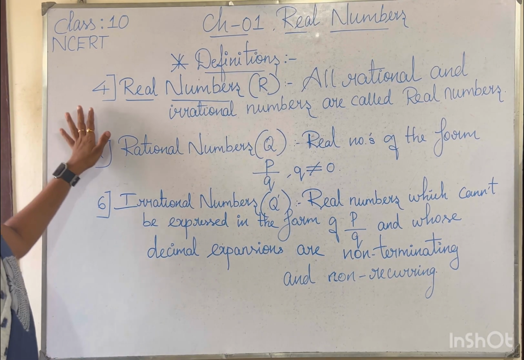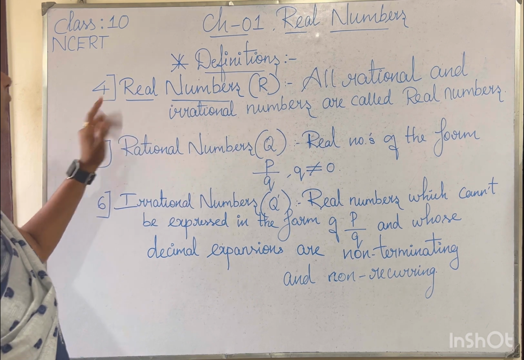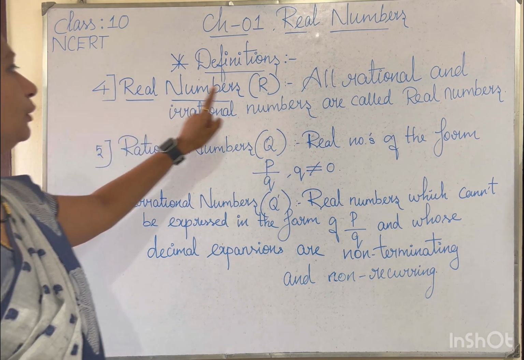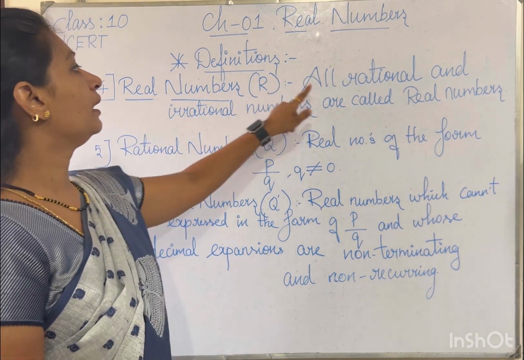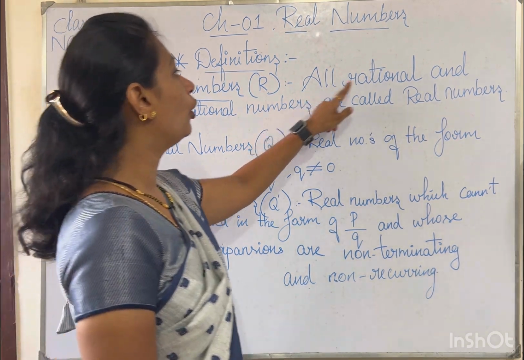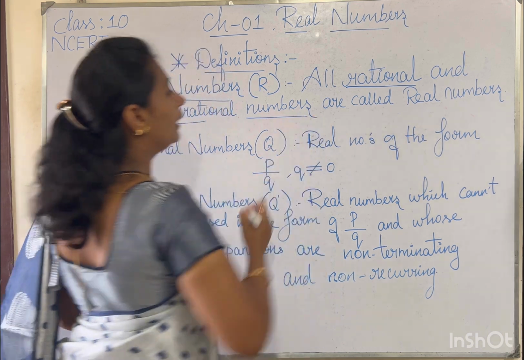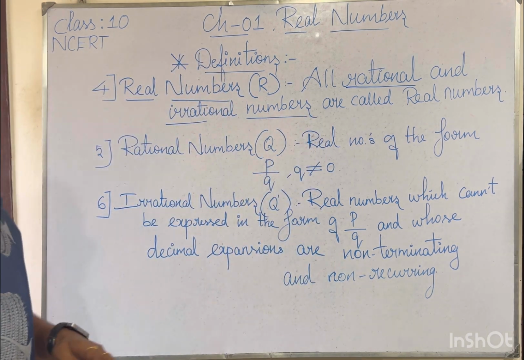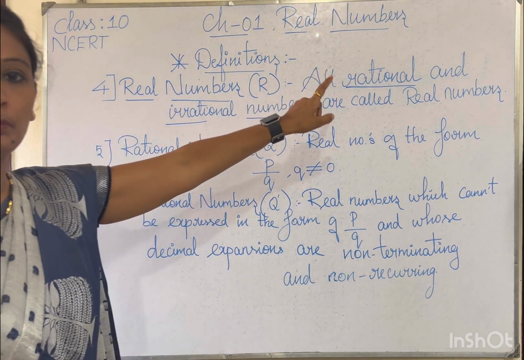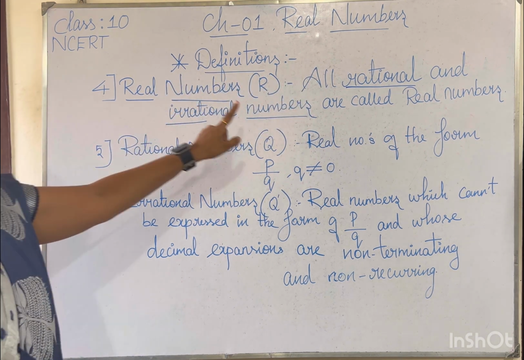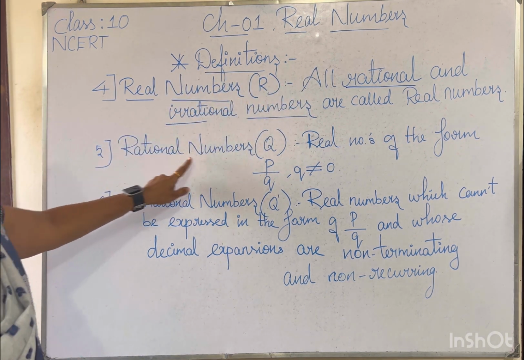The next definition is about real numbers. What are real numbers? Real numbers are denoted by capital R. Real numbers are nothing but all rational and irrational numbers together. What are rational numbers?